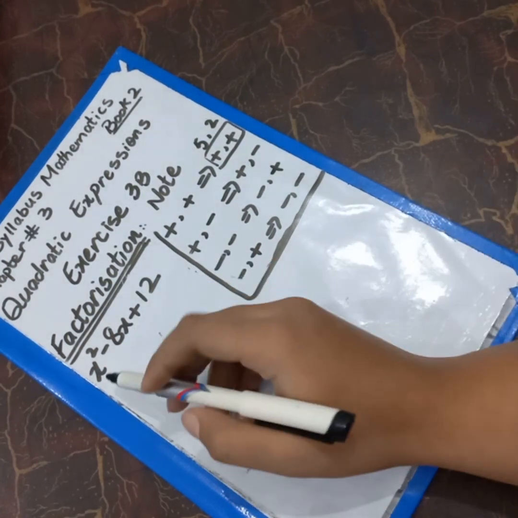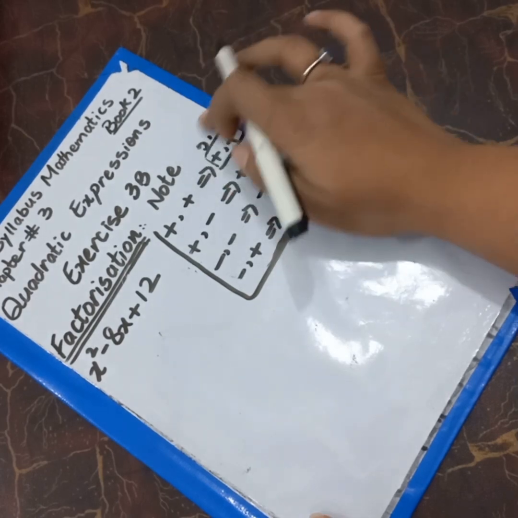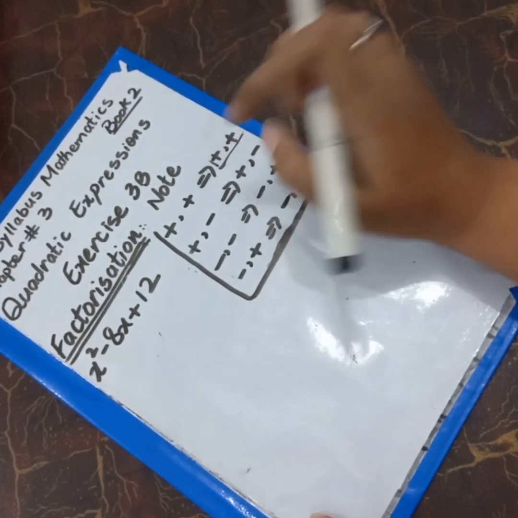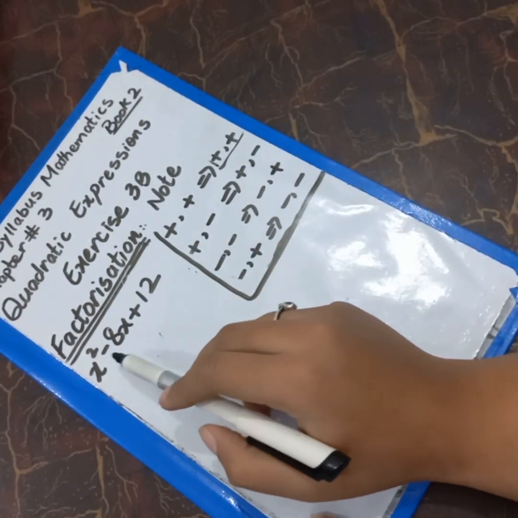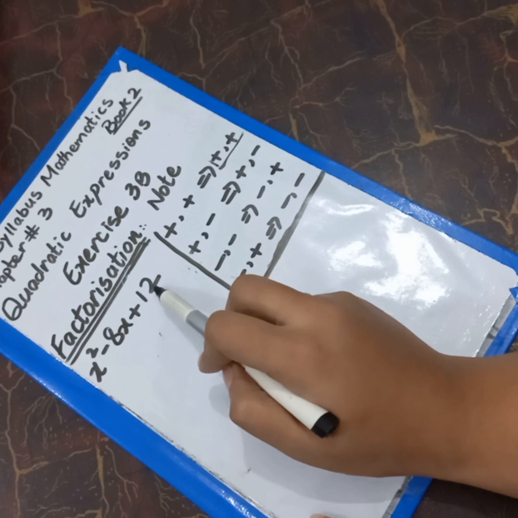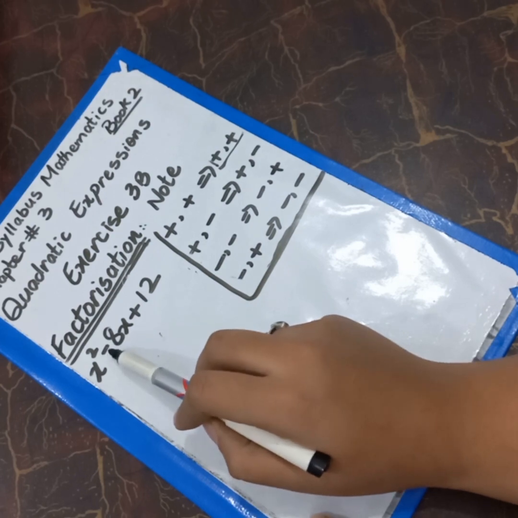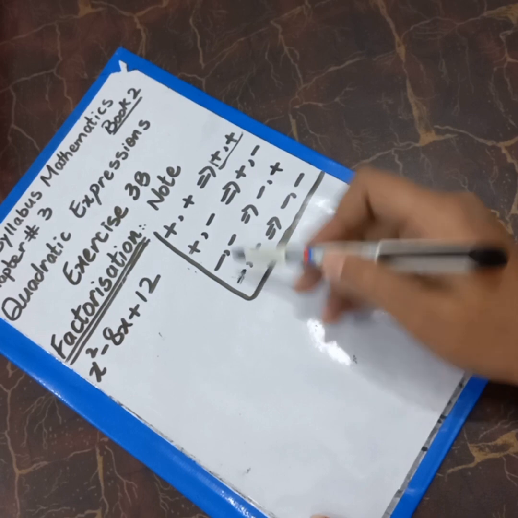Now look at this one more example. It is x square minus 8x plus 12. Same rules we will follow here in this question as well. Now, as I told you, first of all, look, this is 12. You need to find out a pair which will be multiplied and you will get 12, and minus plus. This thing will be used here.